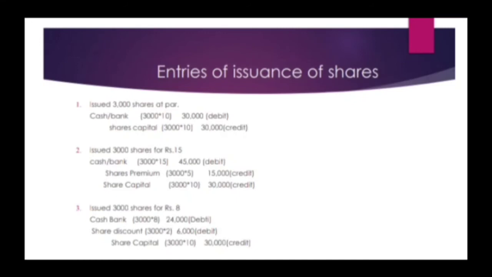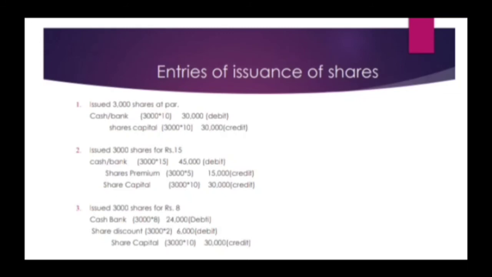One thing you have to keep in notice is that cash and bank shall always be debited by the market value. So cash or bank shall be debited by 3000 into 15, 45,000. Then share capital shall be credited by 3000 into 10, 30,000, and share premium shall be credited by the exceeding amount of 5 rupees. So 3000 into 5, 15,000.